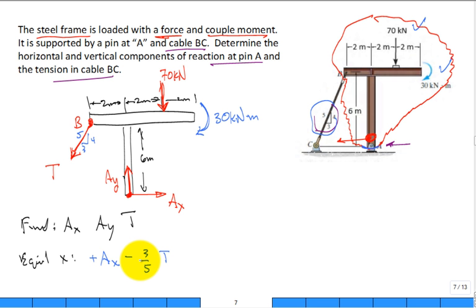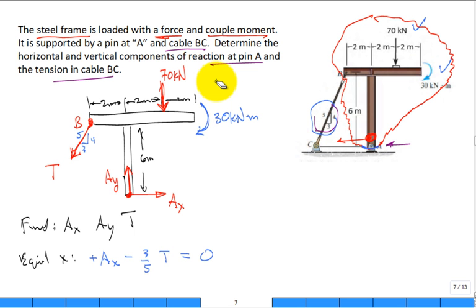So the sum of the forces for equilibrium in the x has to equal 0. Do I have anything else, or is that the end of my equation? Does this couple moment over here contribute to the sum of the forces in the x? No. Does this 70 kilonewton load contribute? No. AY, no. I think that's it.